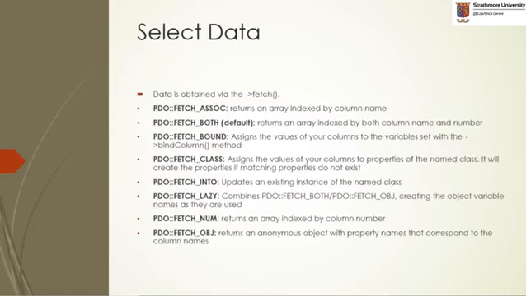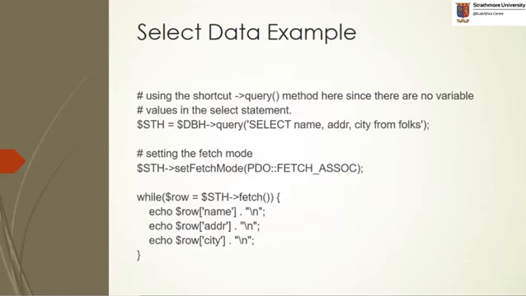We have the queries for fetching the data, which will be just using the select. And these are the different classes or functions that can be used to do a selection. We have a select name, address, and the city from the table, which is called now Fox. And if you're getting more values or more records, then you can decide the fetch mode.